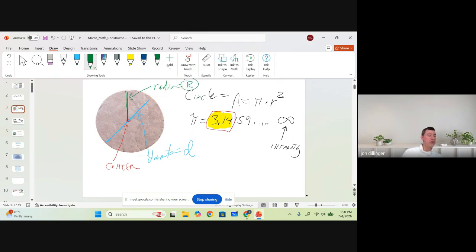Okay. So now we have equations that form naturally. You can see here that R plus R is equal to D. Then you have 2 times R is equal to D. So 2R equals D, and then R is equal to D over 2.